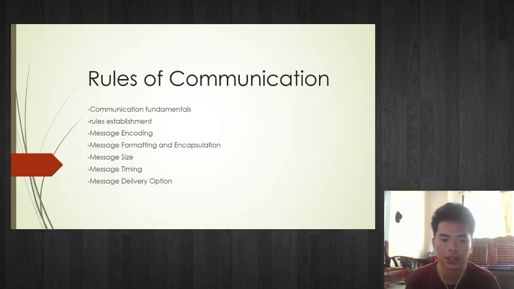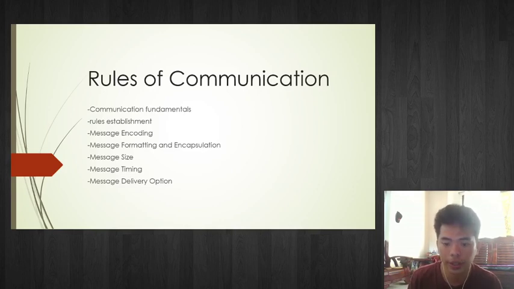Message encoding requires the message source to signal, which is the encoder, go to the transmitter, next is the transmission medium or the channel, then the receiver or signal decoder, and the message destination.